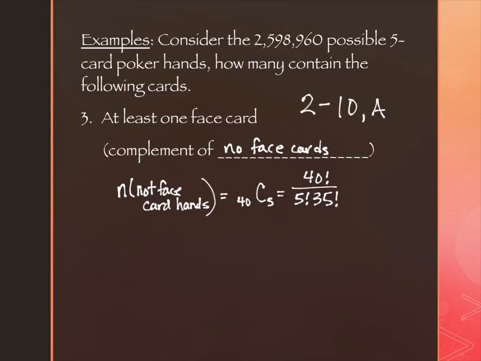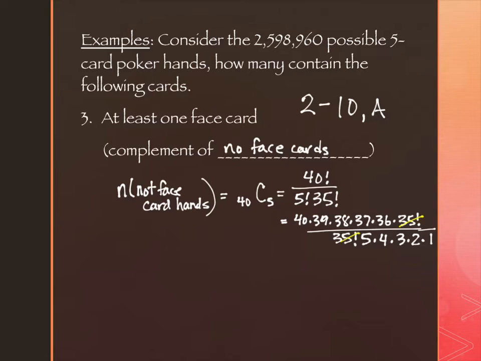Let's put it underneath. 40, 39, 38, 37, 36, and 35 factorial over 5 factorial, 35 factorial. 5, 4, 3, 2, 1. And we'll cancel our 35s.